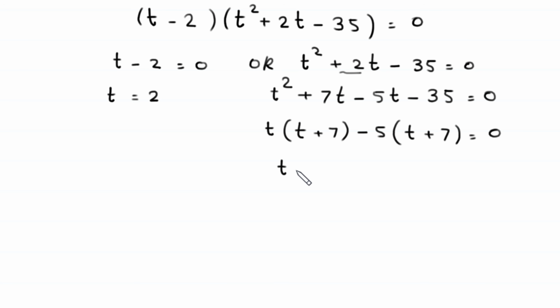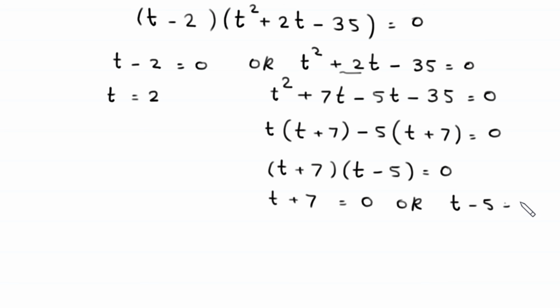So t plus 7 is a common factor, and in brackets t minus 5 equal to 0. Either t plus 7 equals 0, or t minus 5 equals 0. From the first we get t equal to negative 7, from the second t equal to 5, and we first found t equal to 2.